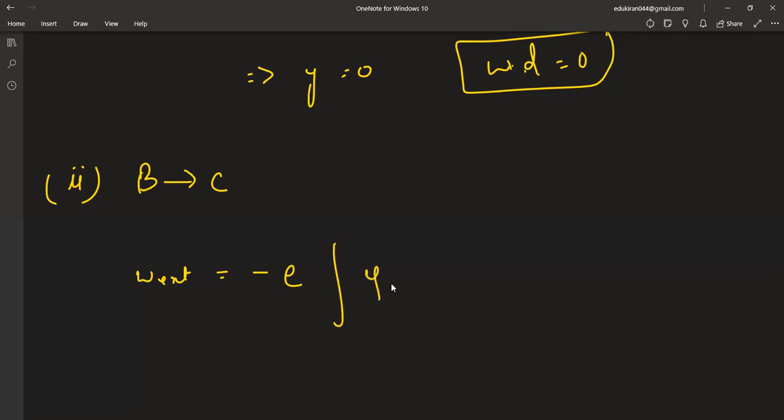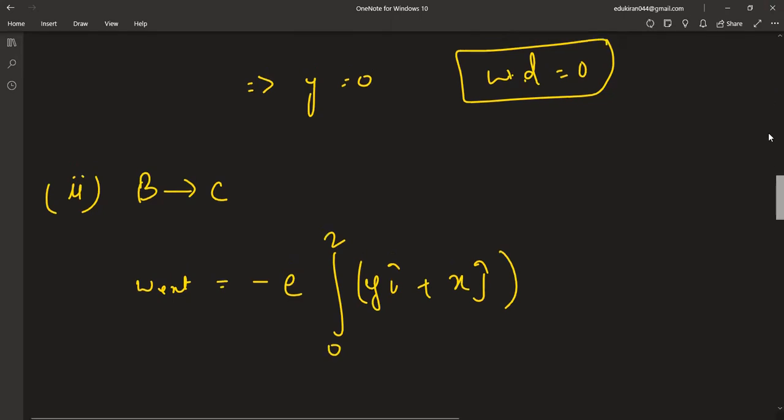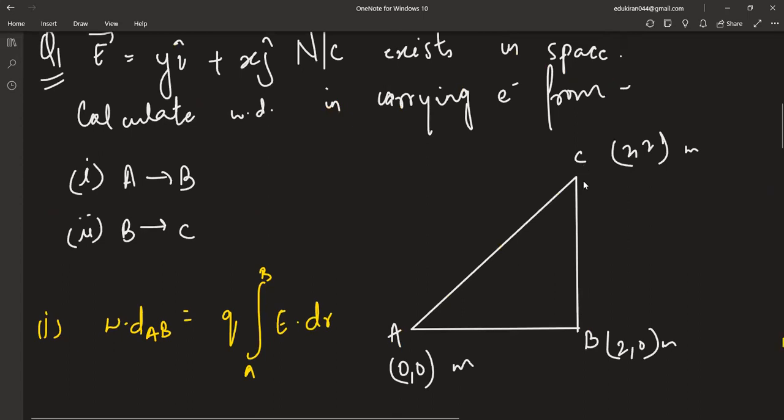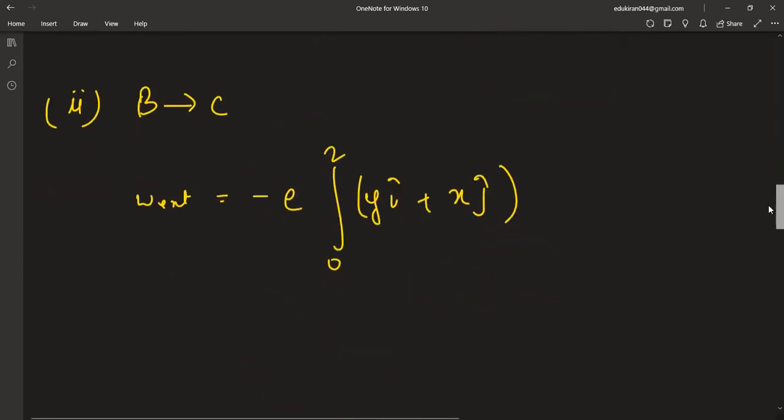Now, this is y i cap plus x j cap. Now the variable is from 0 to 2 again. Instead of dx i cap, now we have dy j cap, because this is the y variable, right? So it is from 0 to 2 here also.